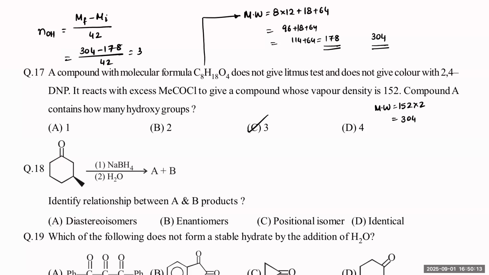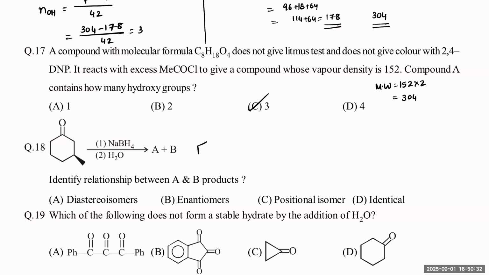Next. NaBH4 is being treated here. At this position, when H minus gets added, this oxygen becomes OH because of water. So that carbon will become a chiral center actually.